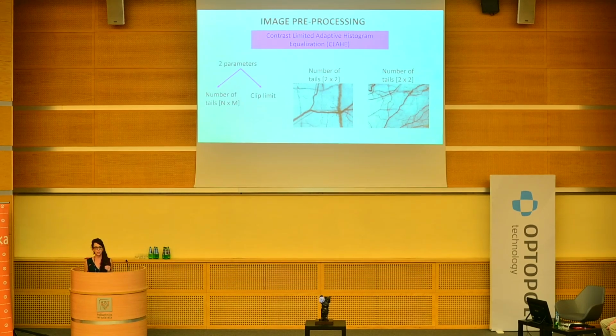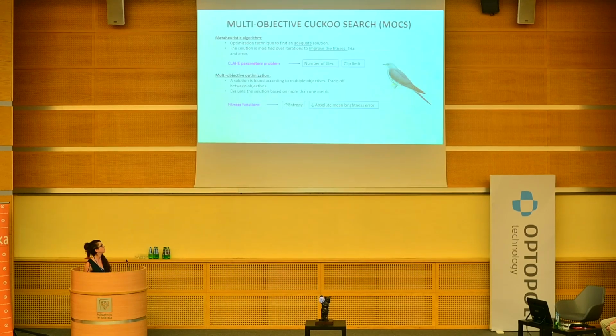So it's not likely that the same selection of these parameters, the number of tiles and the limit of the histogram, works for all the images. That's why the objective of this work is to use an optimization algorithm, in this case called the cuckoo search algorithm, in order to find the optimal values of these two parameters for each of the images that we are studying. So now, let's talk about the multi-objective cuckoo search algorithm.